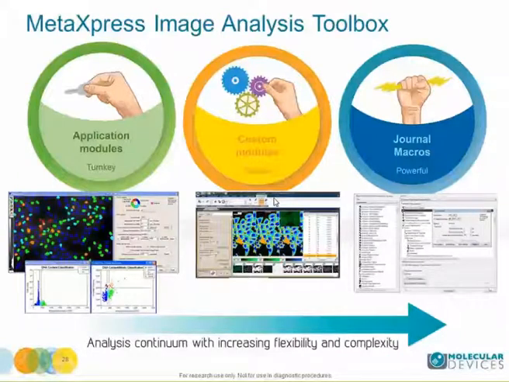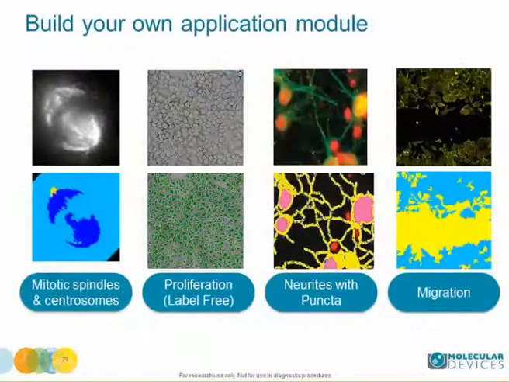At the other extreme, we have journals, which are macros, powerful tools that allow you to do nearly any type of image analysis and combine that image analysis with instrument control to make decisions on the fly. In between, we have custom modules that give you a flexible tool that allows you to create an app module once, and then only modify settings as required. We'll be talking about that a little bit.